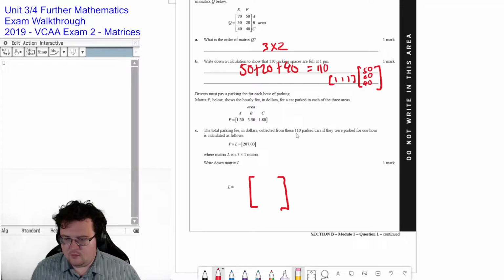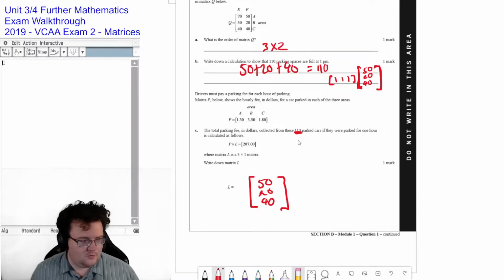Well, we come back to this 110 again, and we've already got a 3 by 1 matrix here. So if you put in 50, 20, 40, and you multiply that by that, you will get 207.